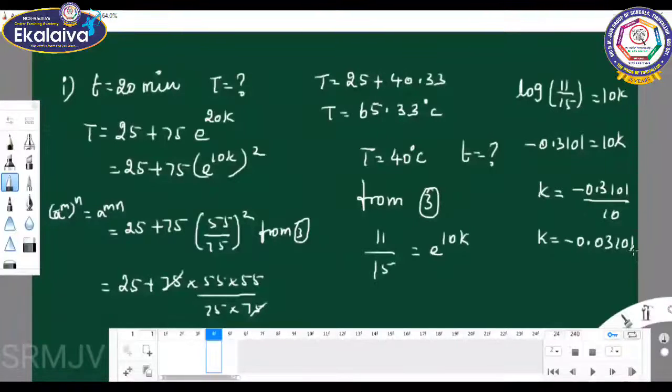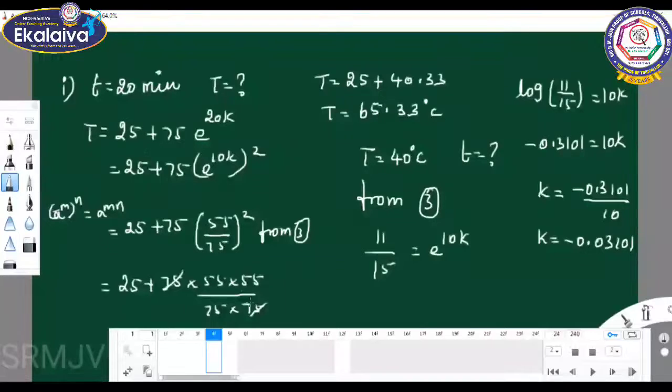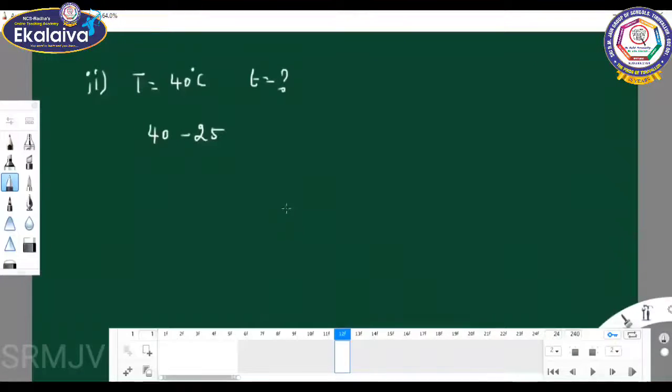So in the second subdivision, the temperature is 40 degrees. What is the time taken? You will substitute here 40 minus 25 in this equation. 40 minus 25 equal to 15, and 75 e power kt, from equation 2.